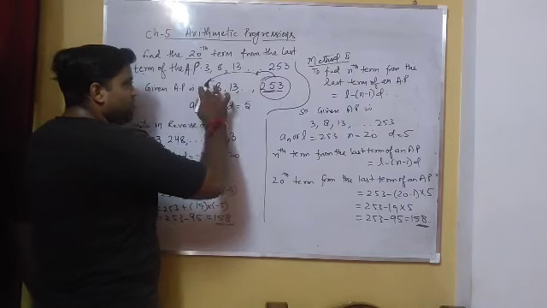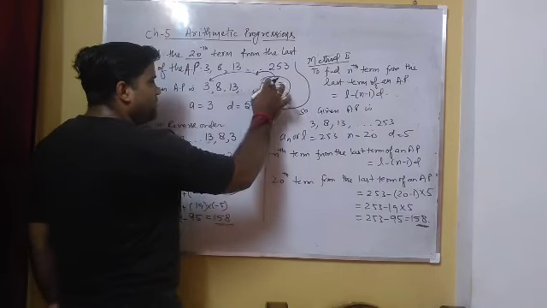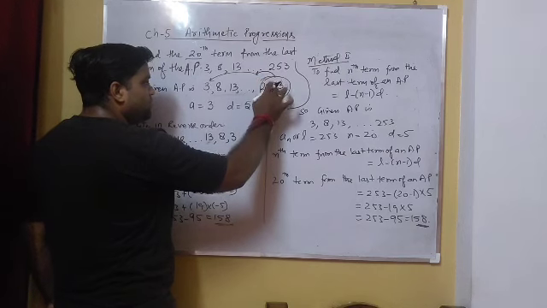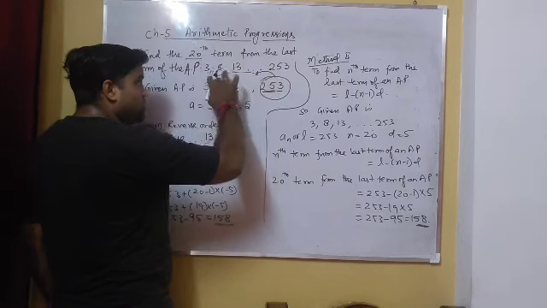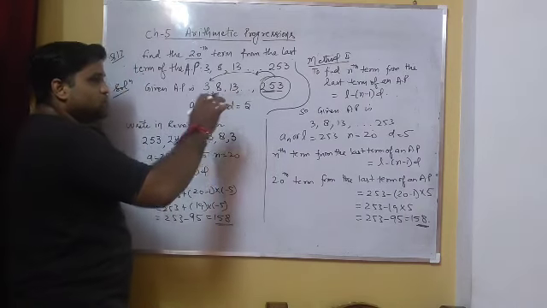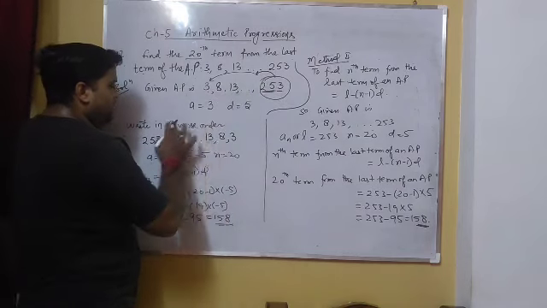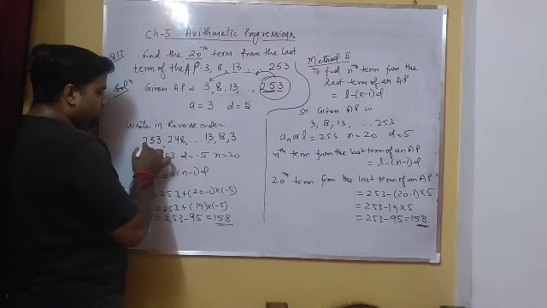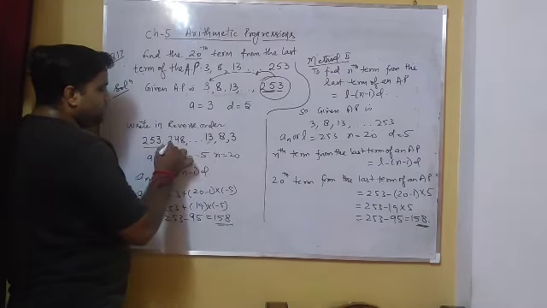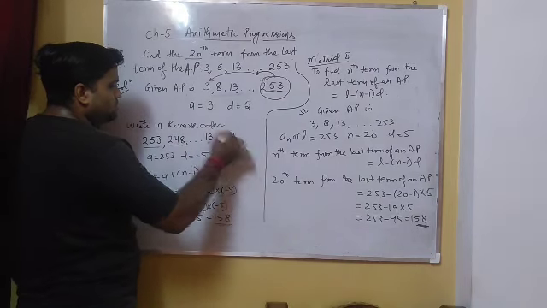We can see that when we go from 3 to 253, we are going in increasing order, but when we start from 253, the last term, to find our 20th term from the last term of an AP, we are going in reverse order. So for our convenience we write this in reverse order: 253, 248, and finally the last term is 3.